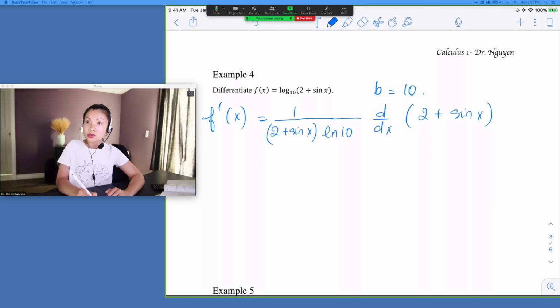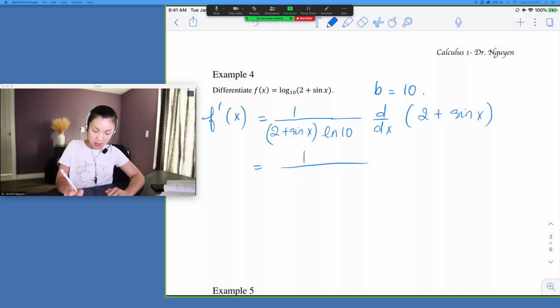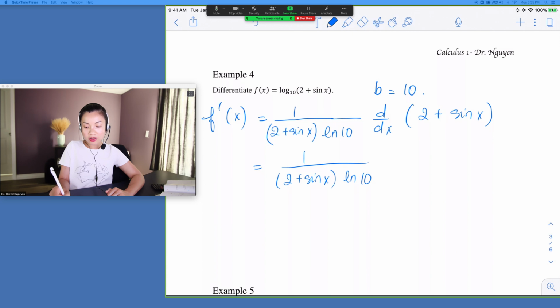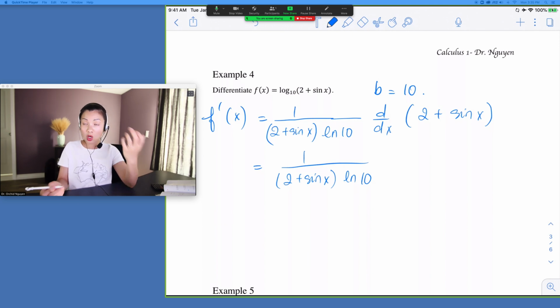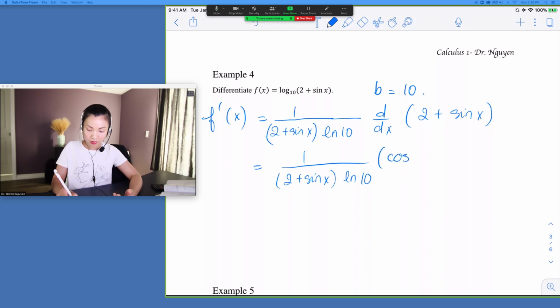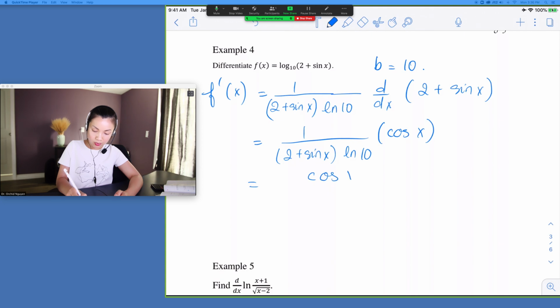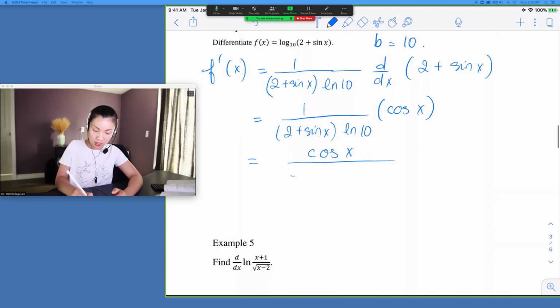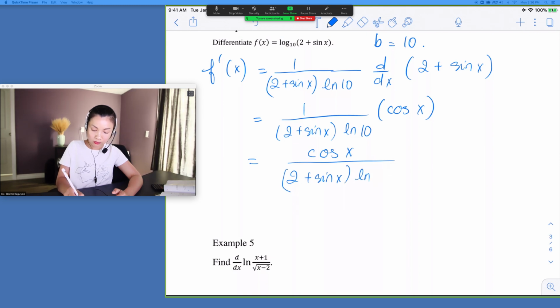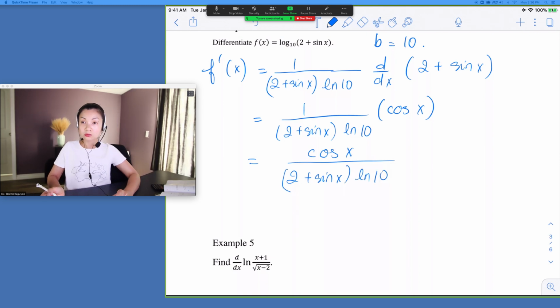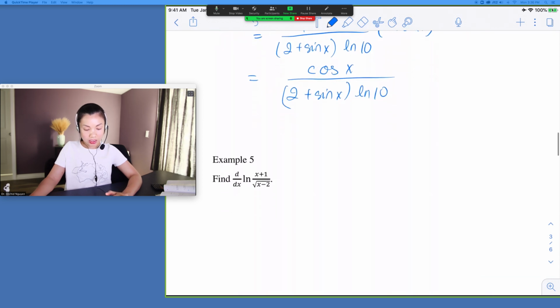All right, so I'm just going to rewrite this part, 2 plus sine of x ln 10, and the derivative of 2 plus sine of x is cosine of x. And there we have it. That's our final answer. You can definitely put this on top and then put this on the bottom. Okay. All right, moving on.